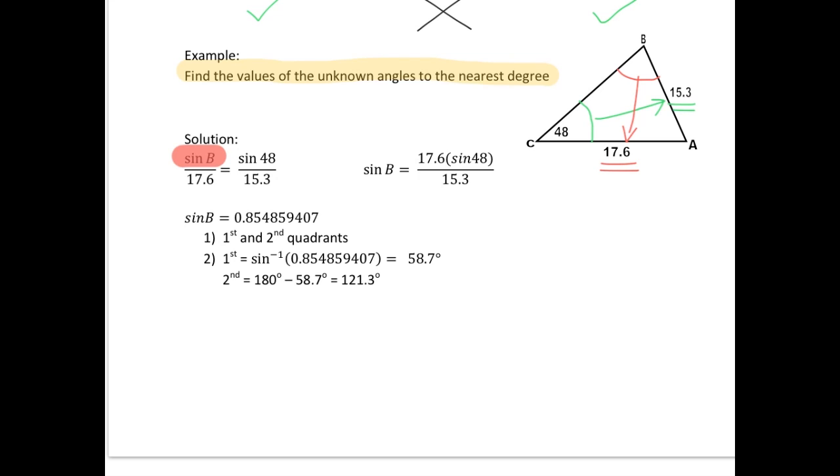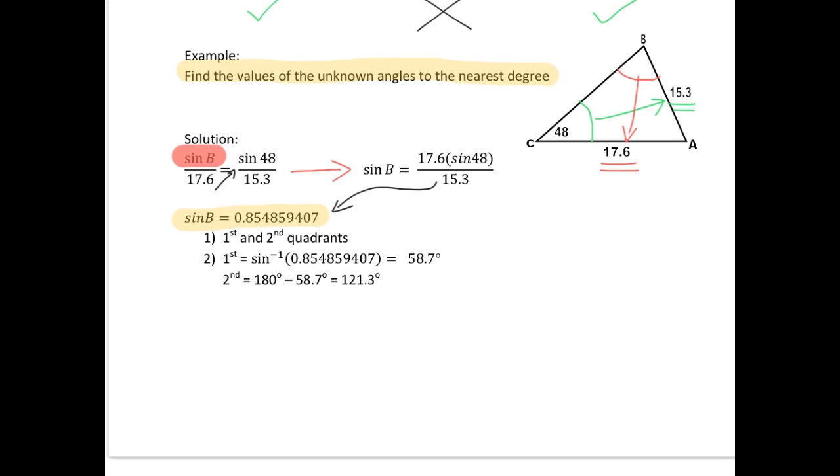So going from here to here, we're just rearranging our equation to get sine B on its own by multiplying up our 17.6. And once we work this out, we see that sine B is 0.854859407. So now we have to ask ourselves, what are the two possible values for B?